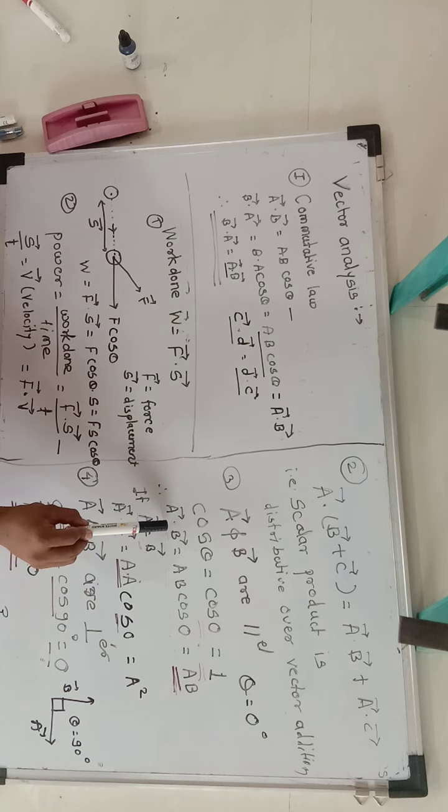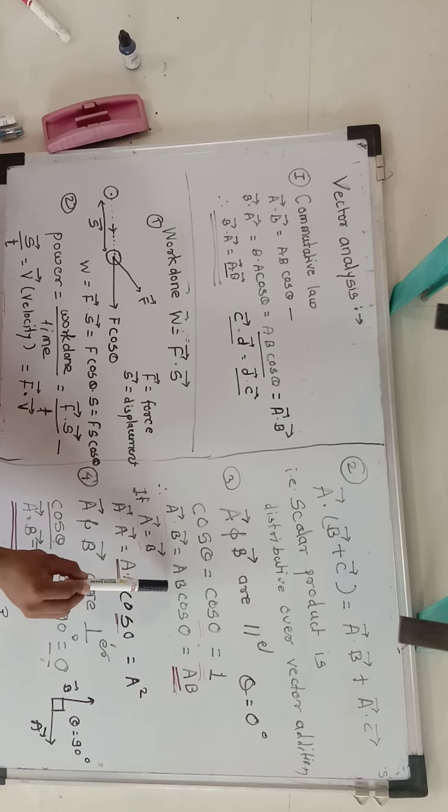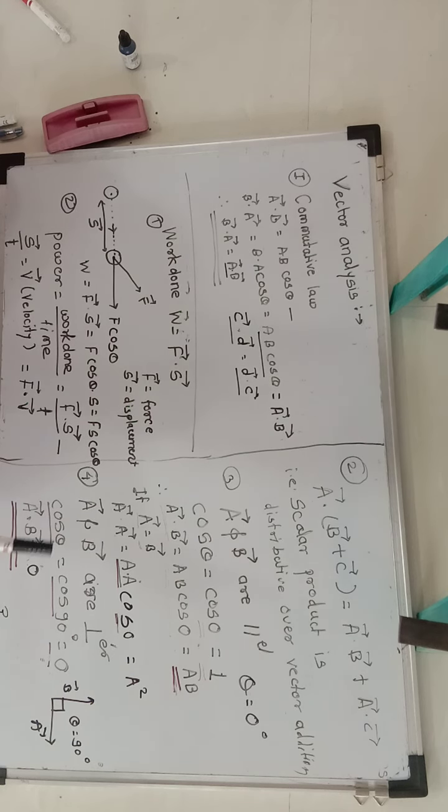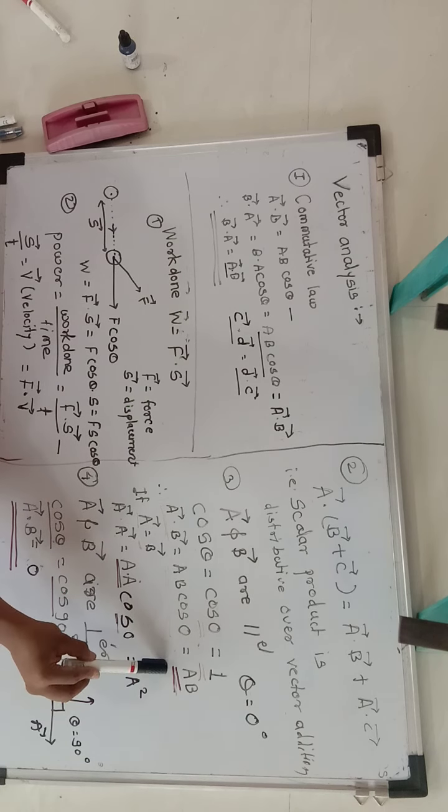So a bar dot b bar, the dot product of the two vectors, is equal to ab cos 0, which is equal to ab. This means that if a bar and b bar are parallel to each other, the dot product between these two parallel vectors is equal to the product of their magnitudes.